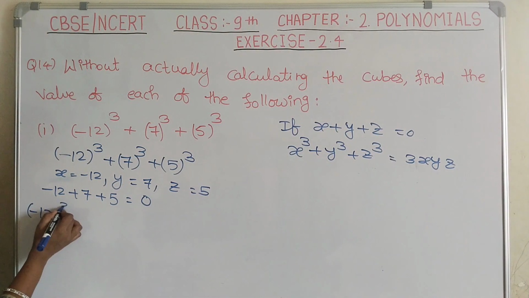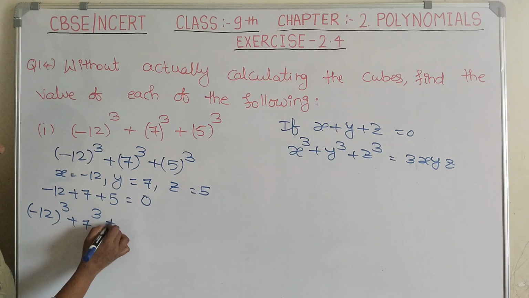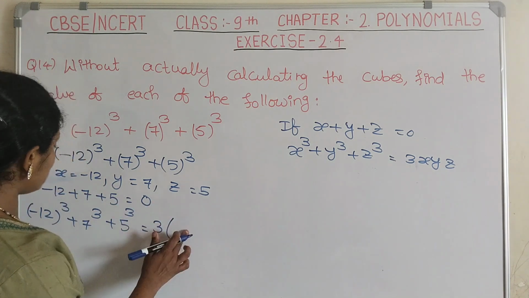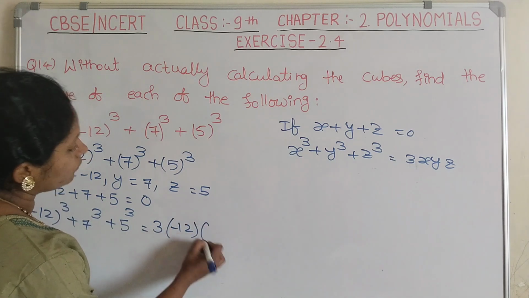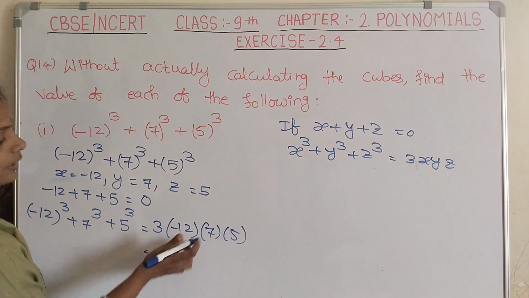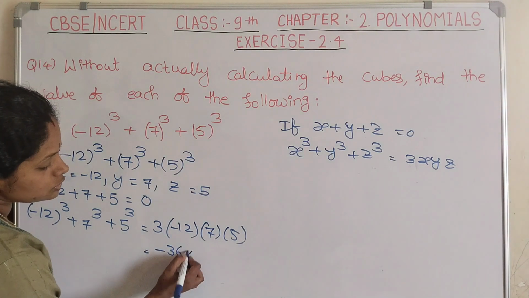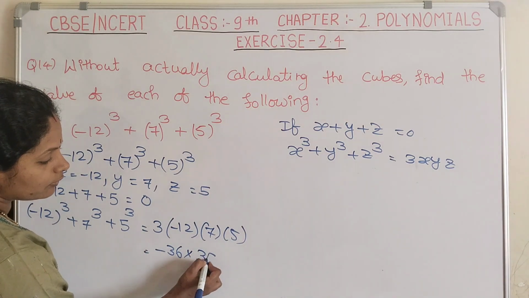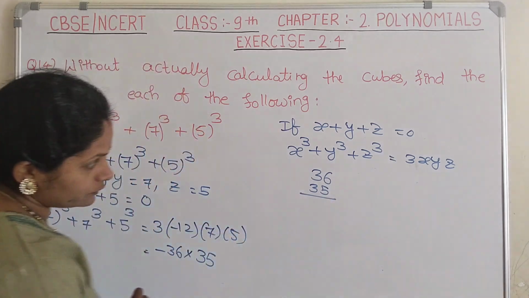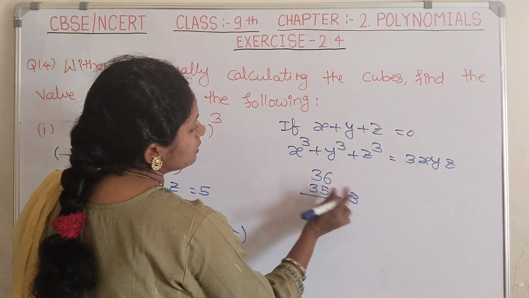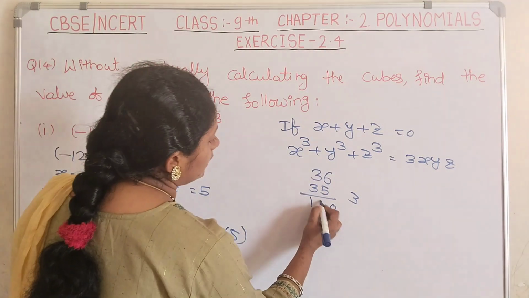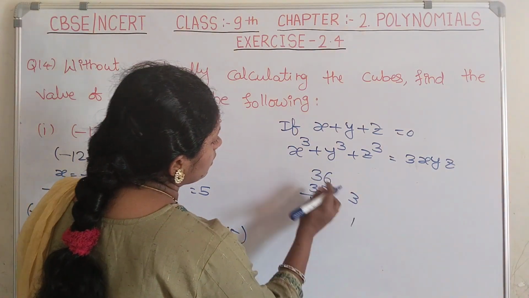(-12)^3 plus 7^3 plus 5^3 equals 3xyz. 3 into x, which is minus 12, into y, which is 7, into 5. 3 into minus 12 is minus 36, into 7 into 5 which is 35. 36 into 35, do the multiplication of this. 6 fives are 30. 5 threes are 15, 15 plus 3 is 18. 3 sixes are 18. 3 threes are 9.